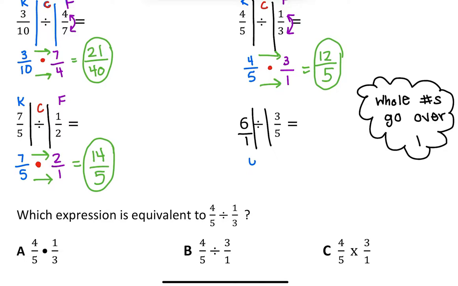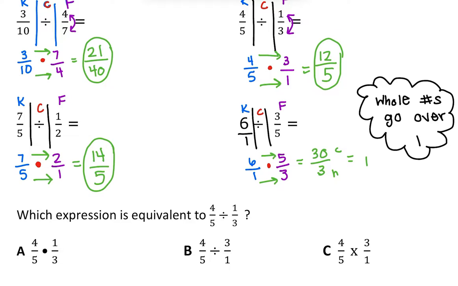So keep, 6 over 1 stays the same. Change, I'm going to change division to multiplication. And my flip is going to be 5 over 3. And now I am multiplying, so I go top times top, bottom times bottom, which is 30 over 3. And that one will actually divide really nicely because the other two didn't really divide nicely. If I think about this, 30 divided by 3 is 10. So that would be my answer there.